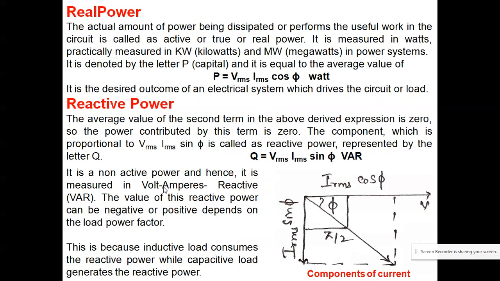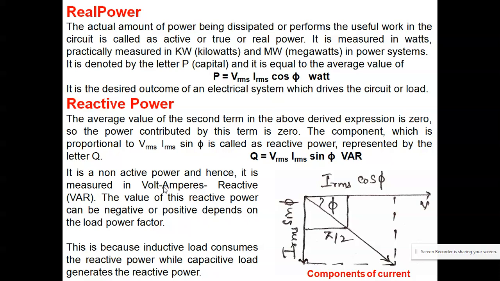The actual amount of power that performs useful work in the circuit, the power which is useful in the circuit, we call the real power, or the true power, or the active power. This is always measured in watts, basically in kilowatts or megawatts, depending on the capacity of our power system.